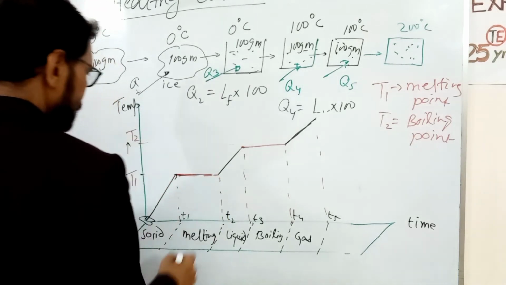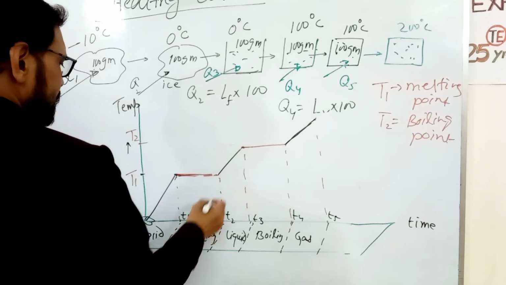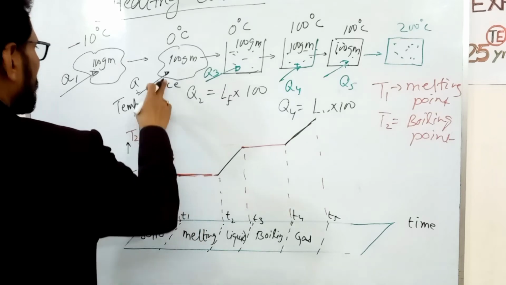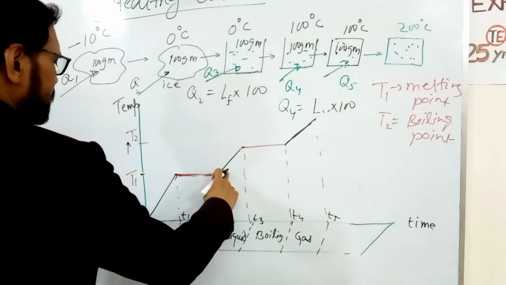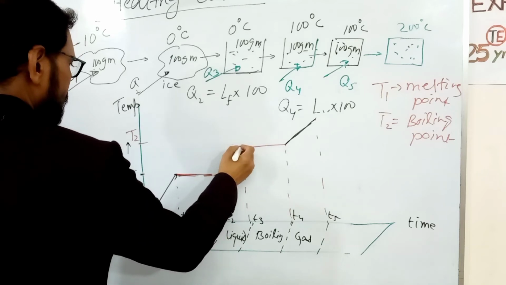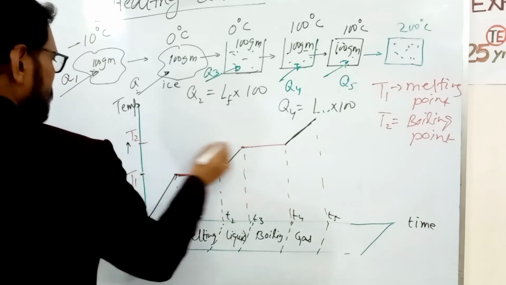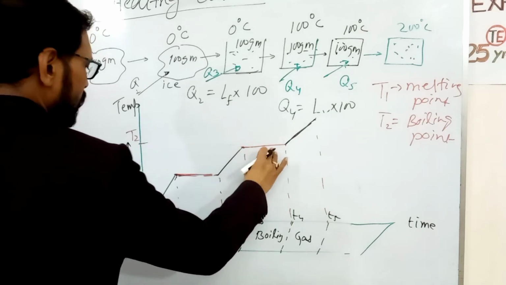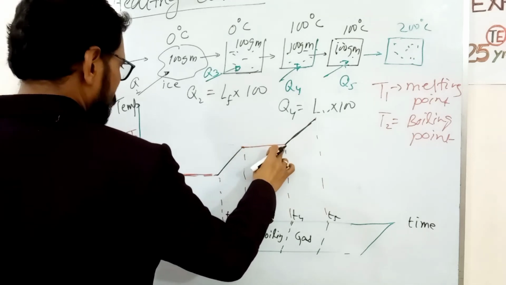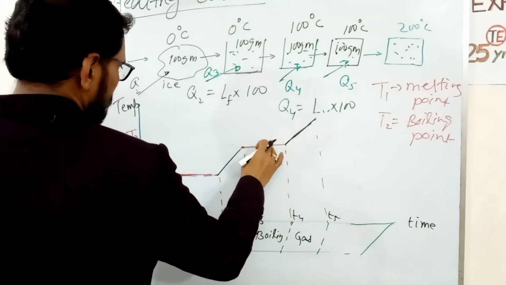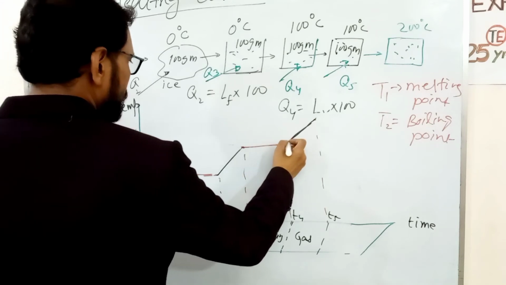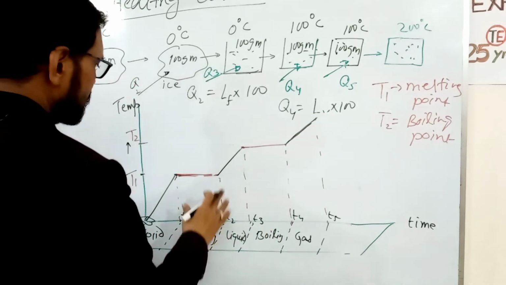And when all the ice is converted to water, then the temperature of the water rises, and when it reaches the boiling point, then boiling starts. This process is boiling, and when the whole liquid boils and is converted to gas, then the temperature of the gas increases. So these are the processes.